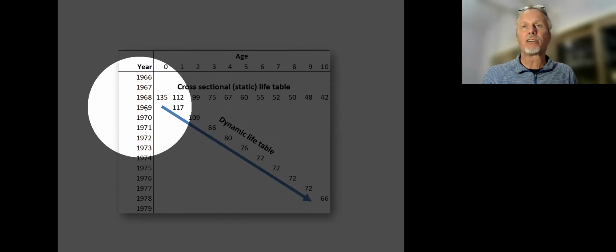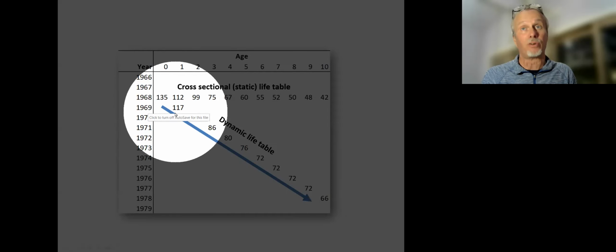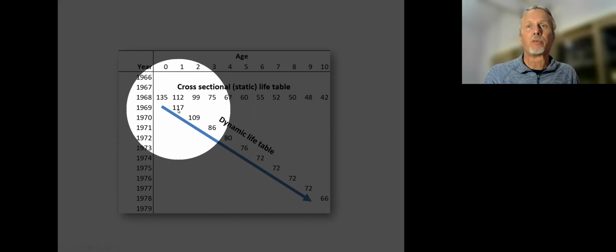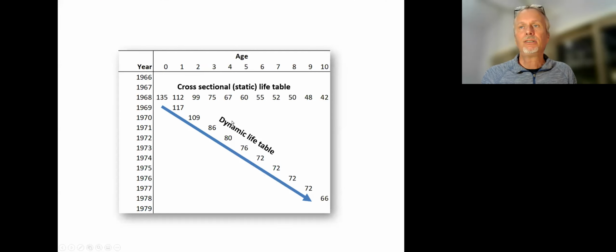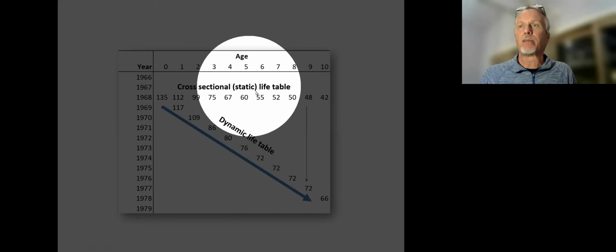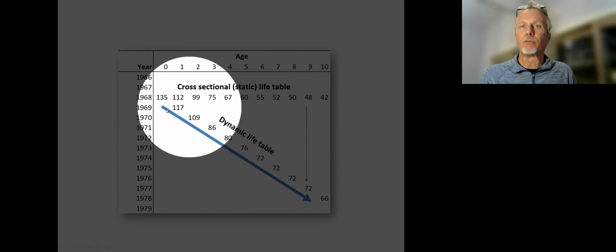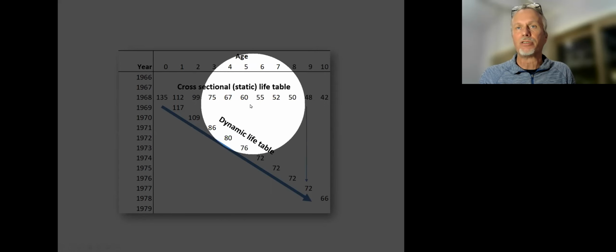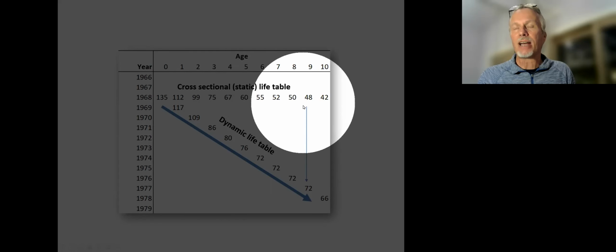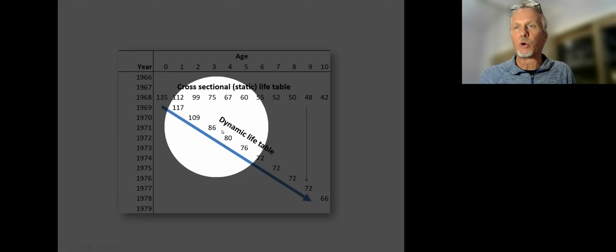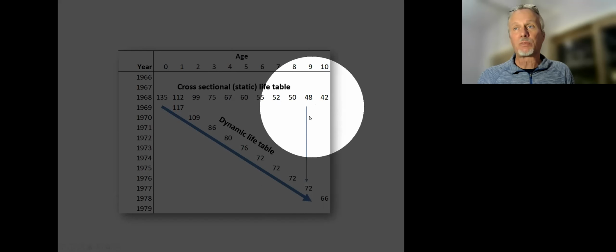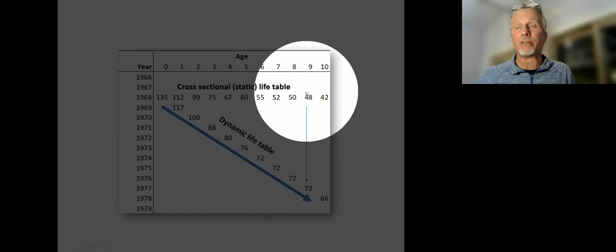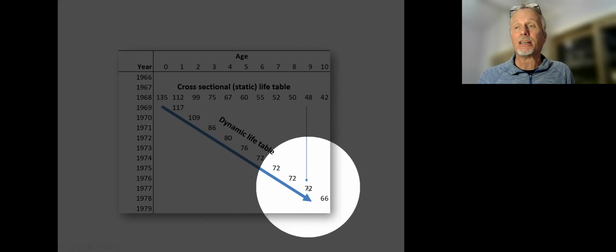And every year that goes by, those individuals will, if they survive, of course, be 1 year older. An interesting aspect is that, for instance, if the population is not stable but is growing, like in this hypothetical example, when we look at the number of individuals out of the census at, for instance, age 9, 48, and then we follow the cohort of the individuals, we expect that number to increase because the population is increasing in time.